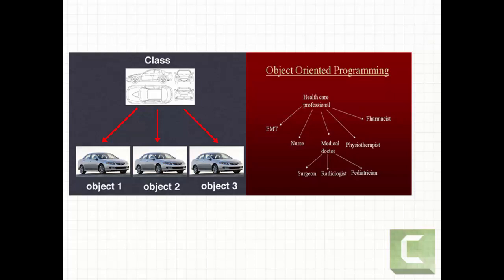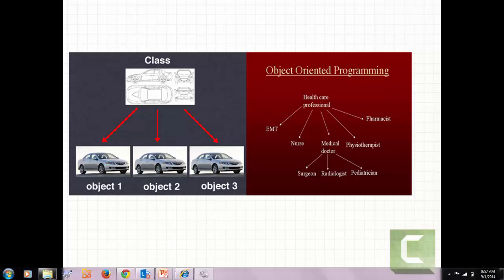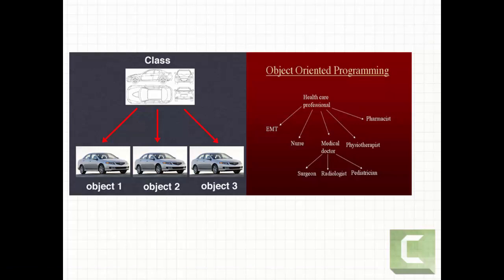In the right example, you can see healthcare professional, this is the class. ENT is also one kind of healthcare professional, along with nurse, medical doctor, pharmacist, surgeon, radiologist, and pediatrician. So these belong to a class, and an object is an instance of that class.